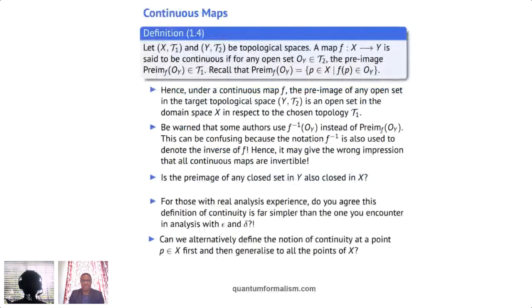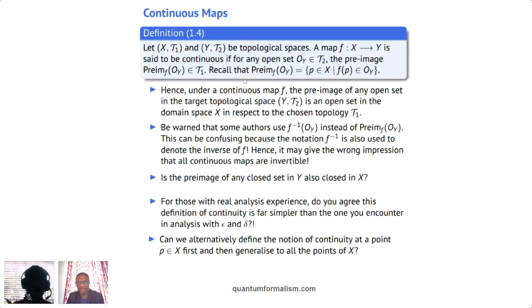Given two topological spaces, X with topology T1 and Y with topology T2, a map F from the domain X to the target Y is continuous if for any open set in the target space's topology, the pre-image of that open set is open in the domain space.